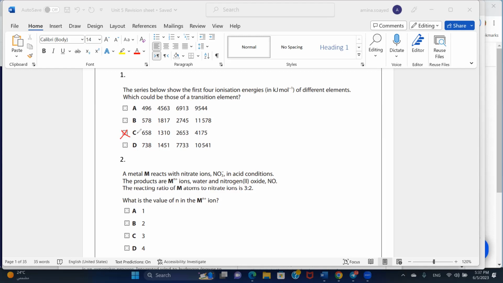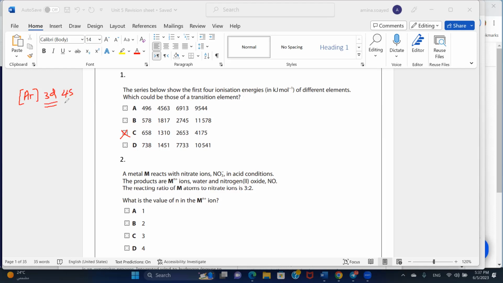Okay, I'm going to explain it. The answer here is C. Why is it C? Because ionization energy is the energy required to remove an electron, and we have studied ionization energies in AS and also in the transition metal chapter. In transition metals, we have the 3d. Usually we fill the argon and then we fill the 4s first and then the 3d.